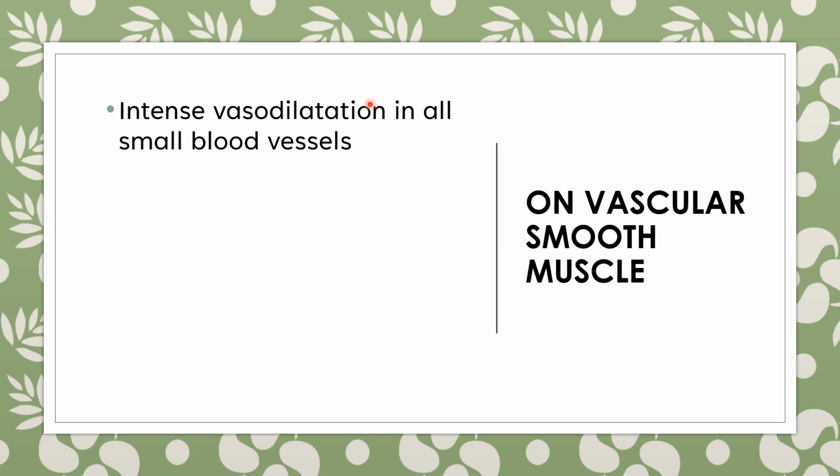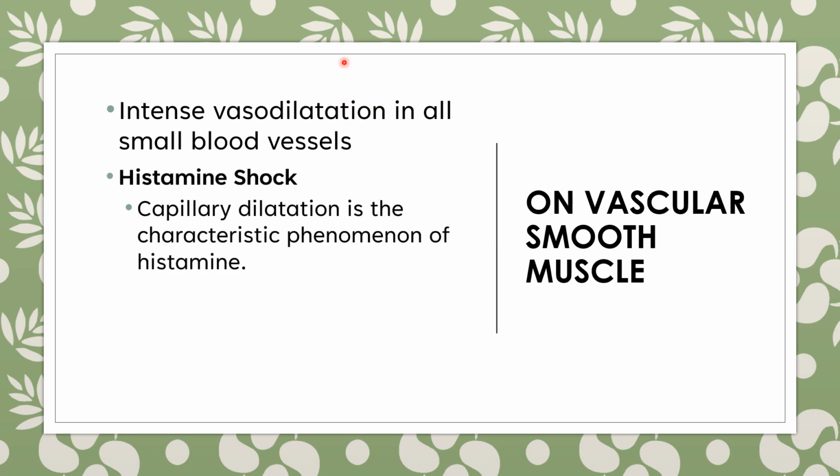In general, because there is vasodilation, it can cause the development of a hypotensive crisis. However, histamine has a constrictive effect on large blood vessels, and its intensity is species dependent. We also have the phenomenon known as the histamine shock.